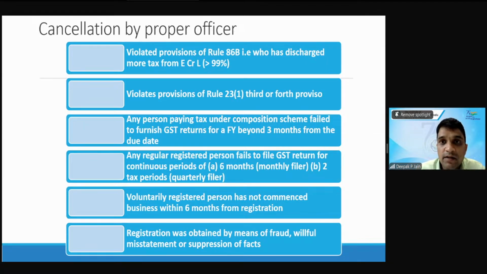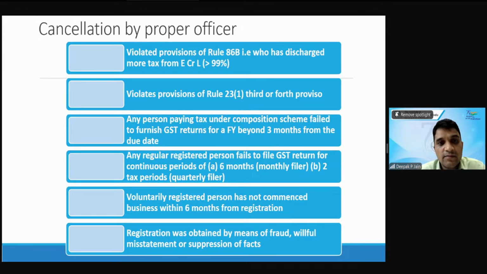But 86B places a restriction which says that if your turnover in the month is more than 50 lakh rupees, then you cannot utilize your full ITC. You have to utilize only 99% of the ITC. 100% ITC will not be available. 99% will be available and 1% has to be paid through cash.